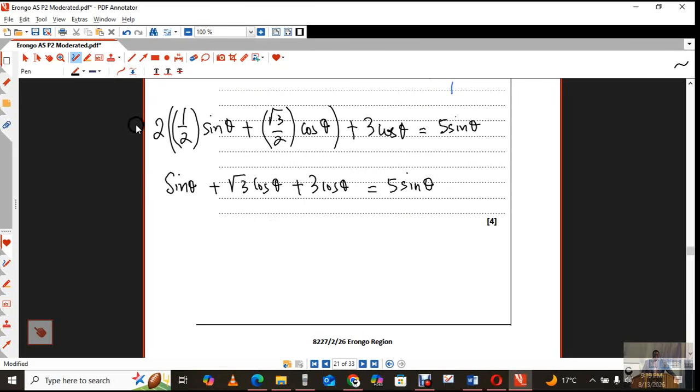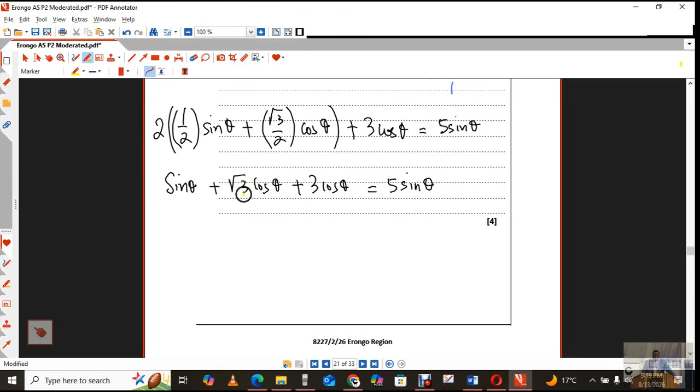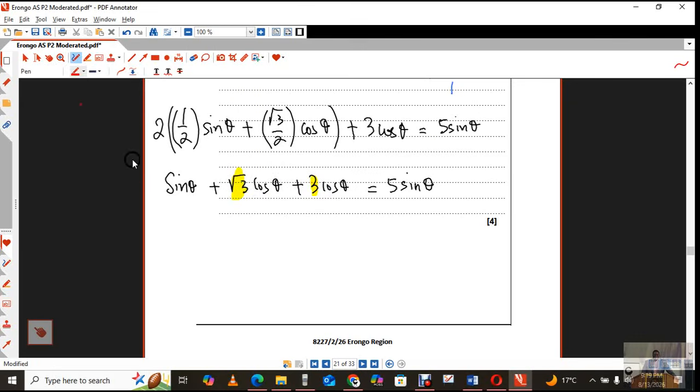Let's look at the coefficient of cosine, which is root 3 and that 3. Are we together so far? So I'm going to write them in brackets. I'm going to say root 3 plus 3, cos theta is equal to 5 sine theta minus the sine on the side. Does that make sense?